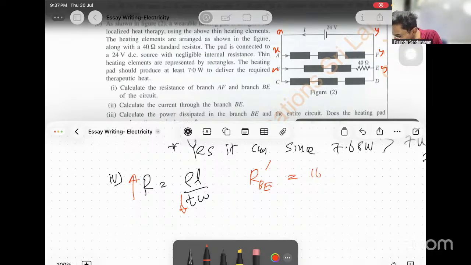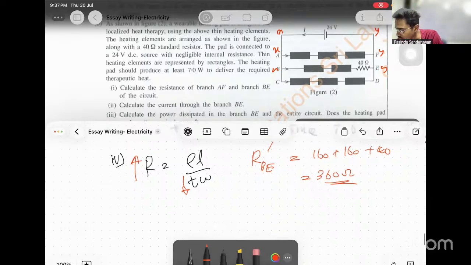Then BE is 160 plus 160 plus 160 plus 40. That is 360 ohms.